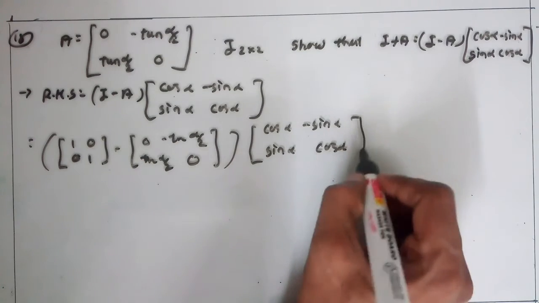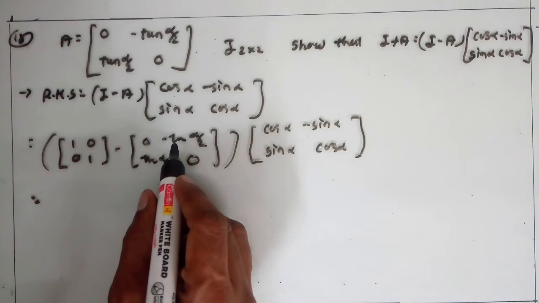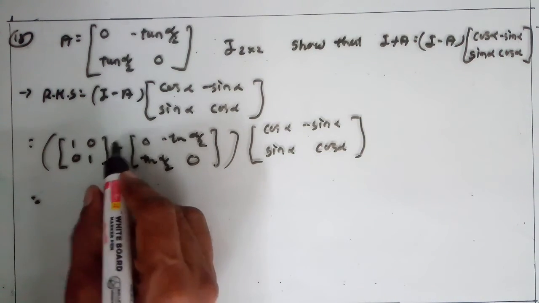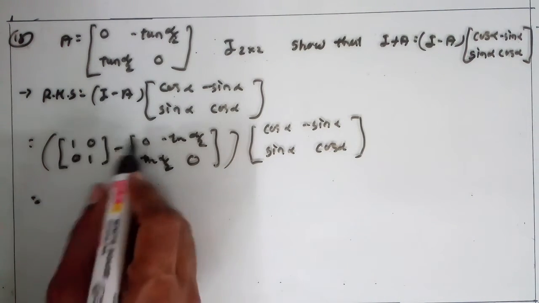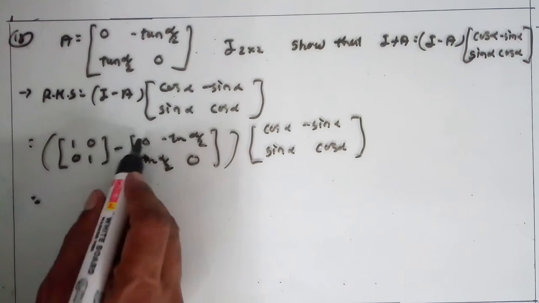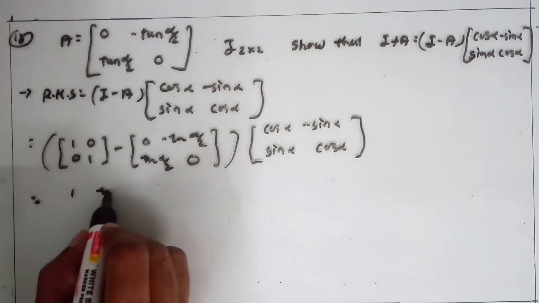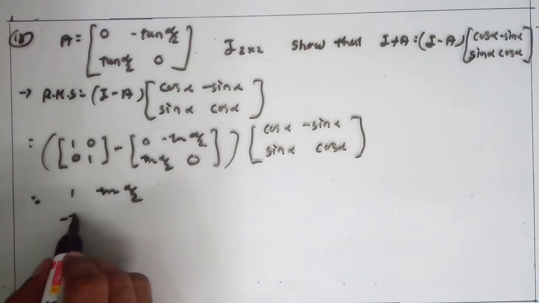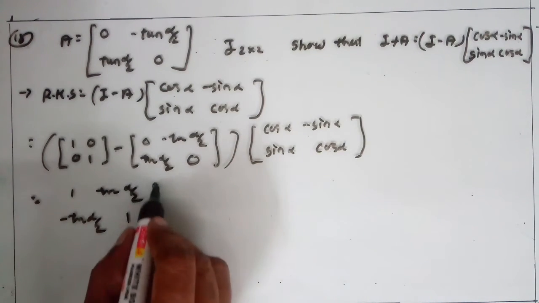Clear? So now first take the addition of the given two matrices, taking the minus sign inside, that is a subtraction of corresponding entries. 1 minus 0 is 1, 0 minus this is plus tan(alpha/2), 0 minus this is minus tan(alpha/2), 1 minus 0 is 1. Clear?